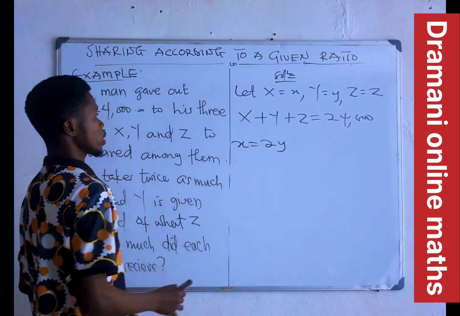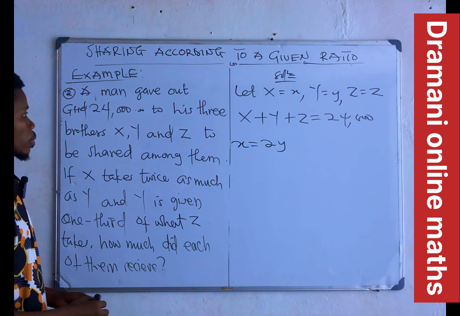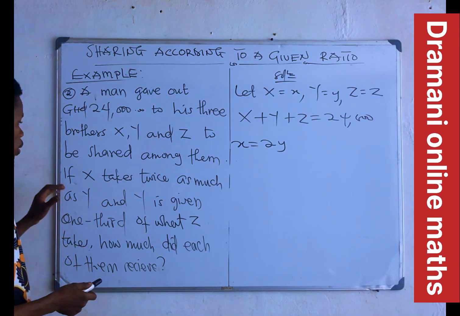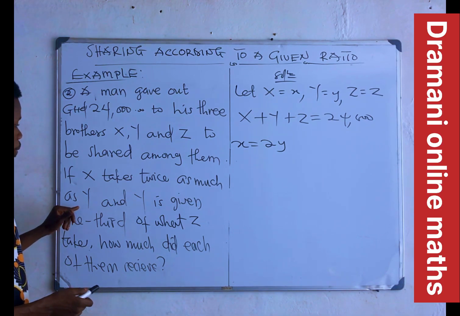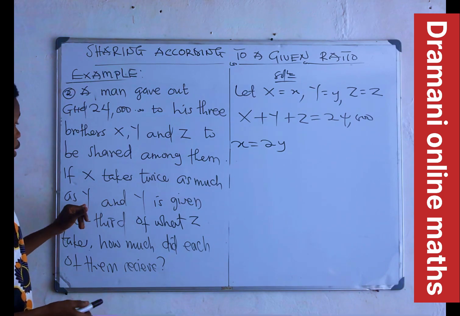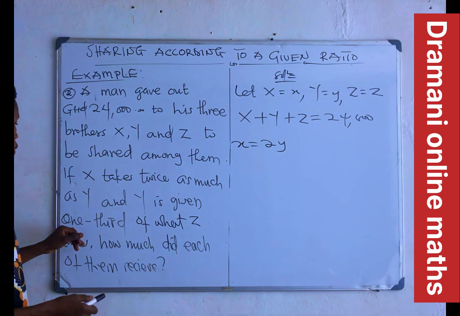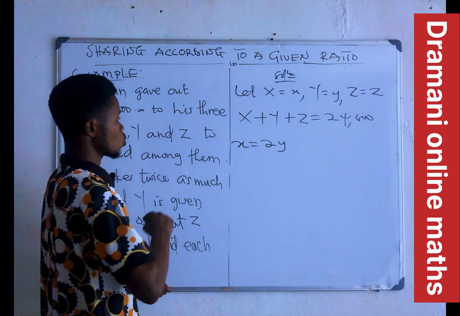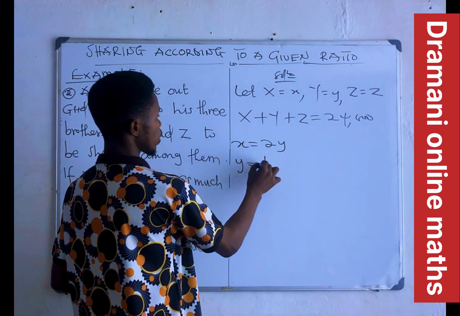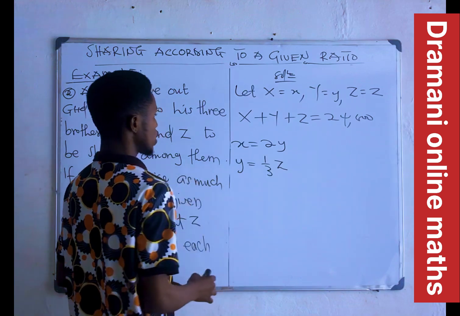I'm using the small letters. And y is given 1/3 of what z takes.